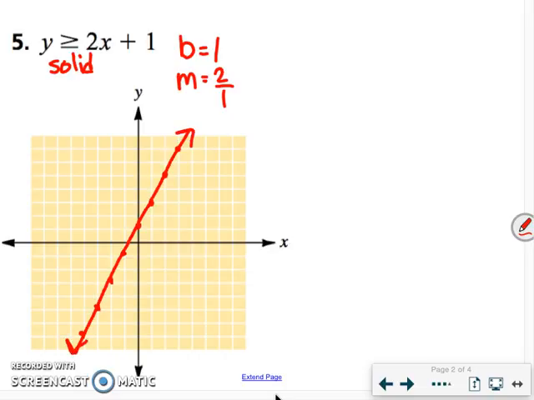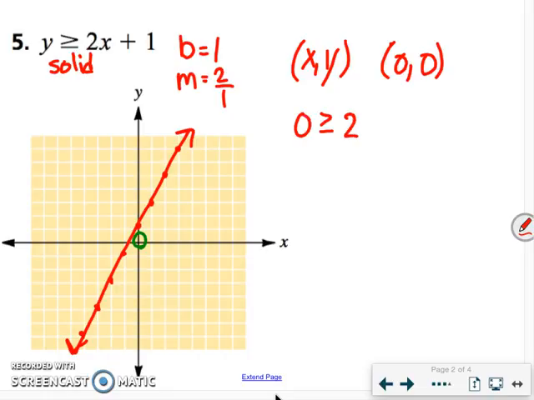And then we need to pick a point to test. The origin is not on the line, so that's an excellent point to test. So the origin is x comma y, and that's 0 comma 0. So we're going to put those 2 points into the inequality. So y is 0 greater than or equal to 2 times 0 plus 1.